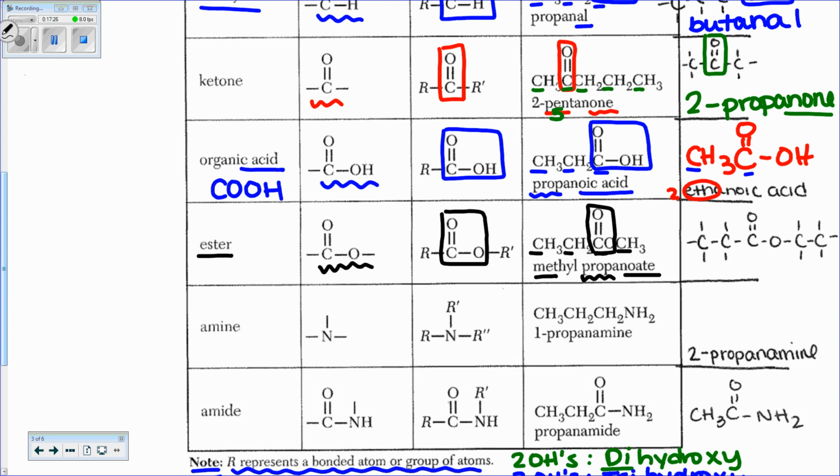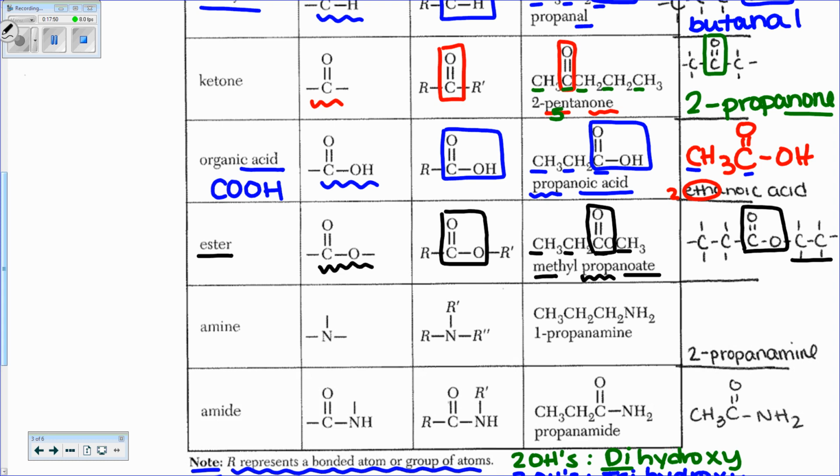So that means wherever my ester group is, the C that has the two O's touching it gets named with the first chain. And then the C that comes after it gets its other name, but it gets written first. So for example, let's go over here. Here's my group. I'm going to name this side first. So 1 C, 2 C's.